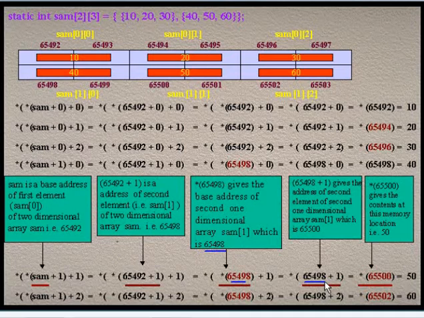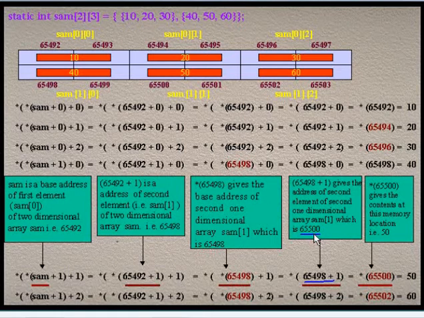Now let us see the next explanation. 65498 plus 1 gives the address of the second element of the second one-dimensional array sam[1]. Now you see, what is the address? The result is 65500. Here 65498 plus 1, we should get 65499. Instead of that, we got 65500. Why?